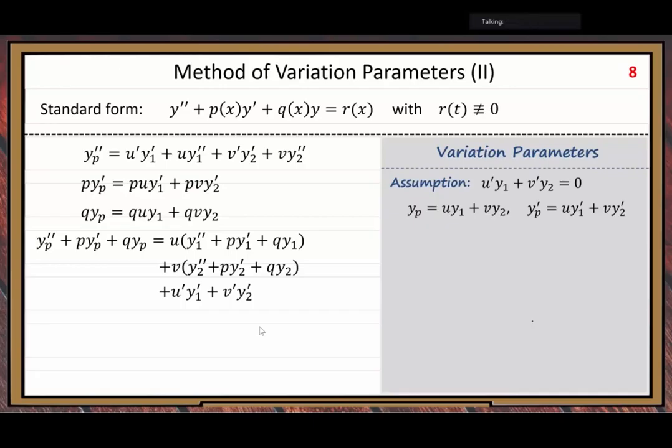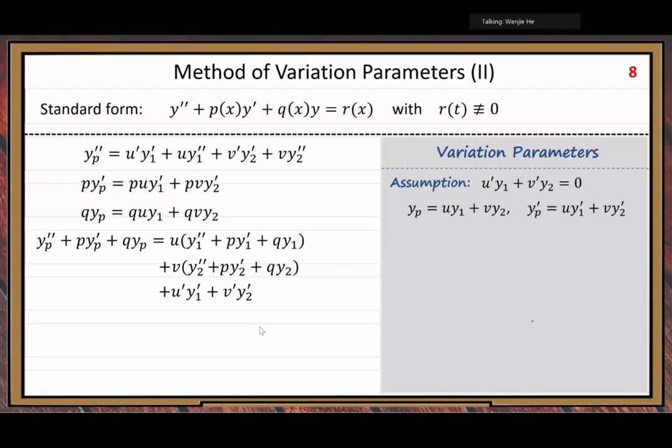But y1 is the solution of the homogeneous equation, so the first parenthesis disappears, because y1 is the solution of the homogeneous version of the ODE. The first parenthesis equals 0.